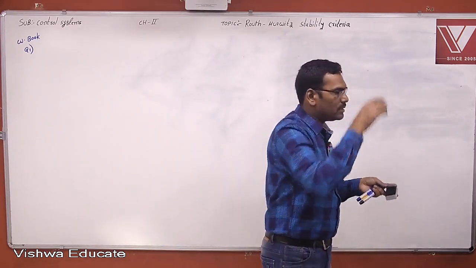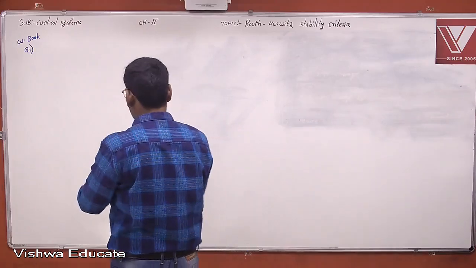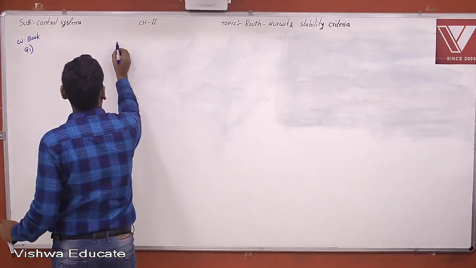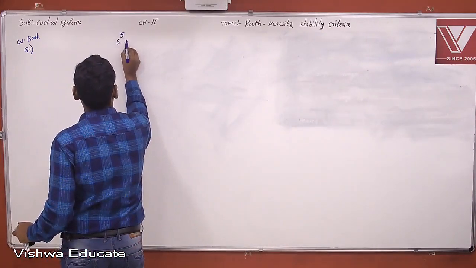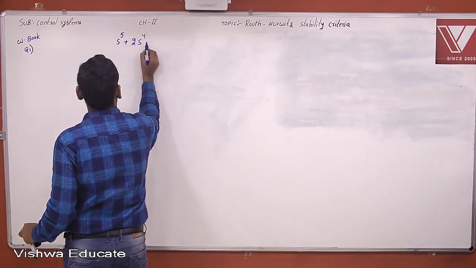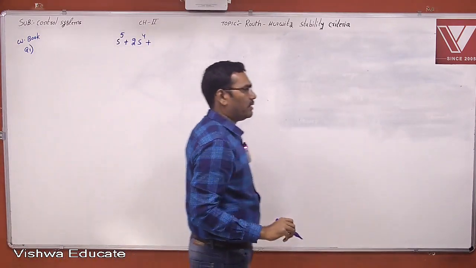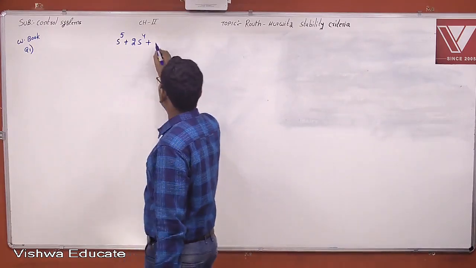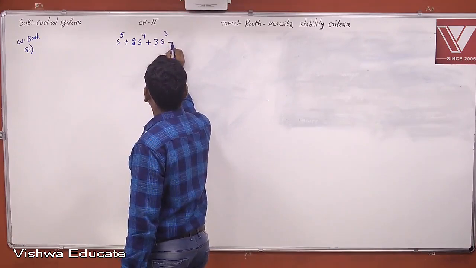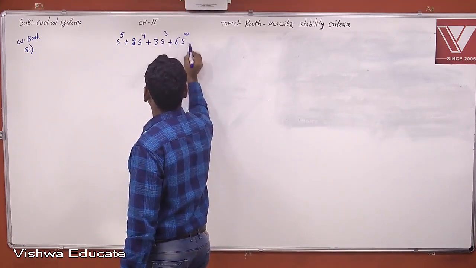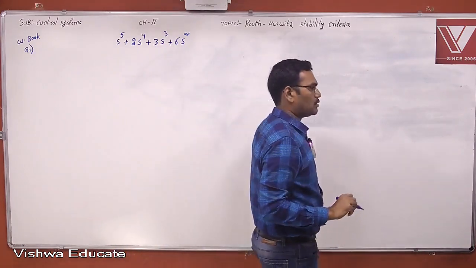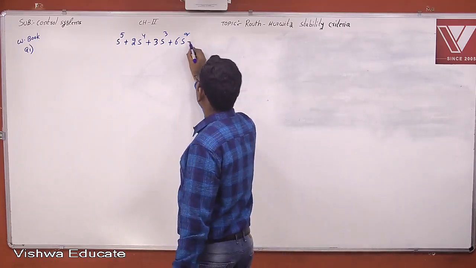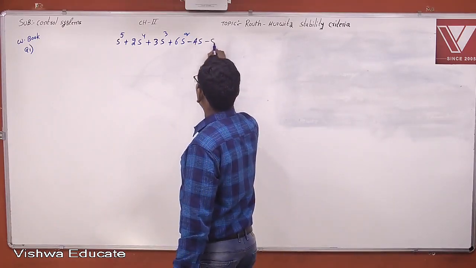In this question, he has given the characteristic equation: s power 5 plus 2s power 4 plus 3s cube plus 6s square minus 4s minus 8 equal to 0.